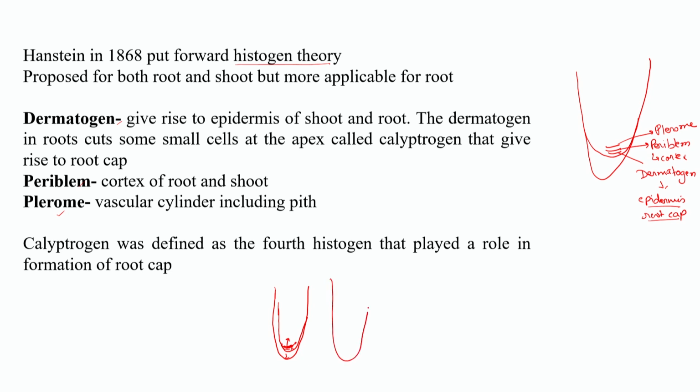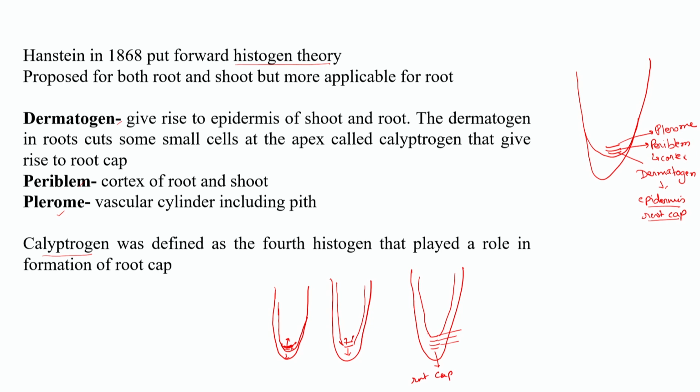Then in some cases it was observed that there are basically two layers. One layer is giving rise to root cap, the other is giving rise to other parts of the plant. In monocots particularly, it was observed that there is a fourth histogen also, in which the lower one was giving rise to root cap and the rest were behaving like dermatogen, periblem, as well as plerome, giving rise to other parts of the plant.